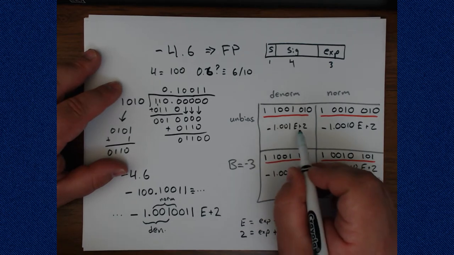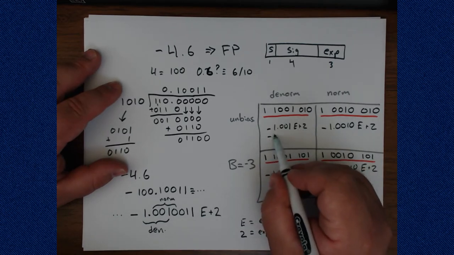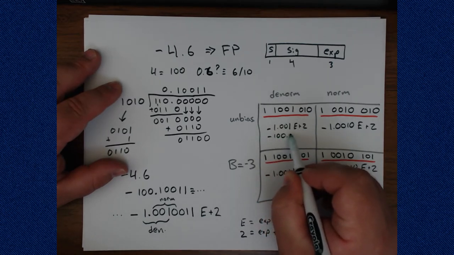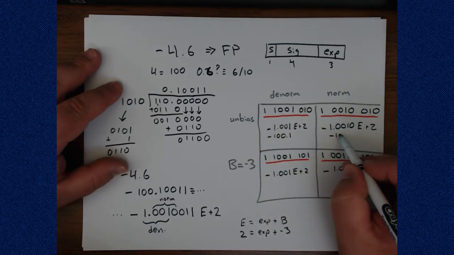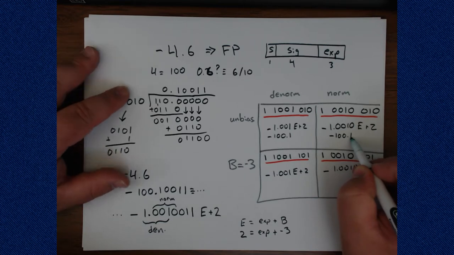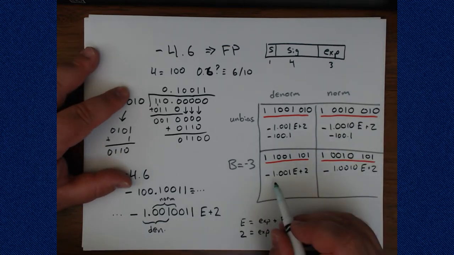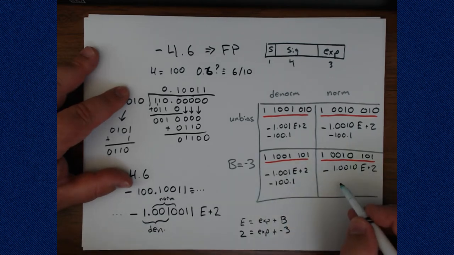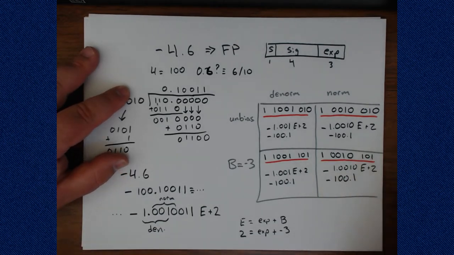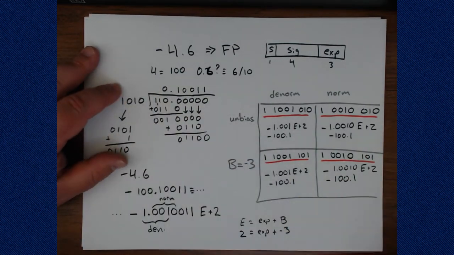Now we have positive 2 exponents. This is negative 100.1. This is negative 100.1. Down here we've got negative 100.1, and over here we also have negative 100.1.